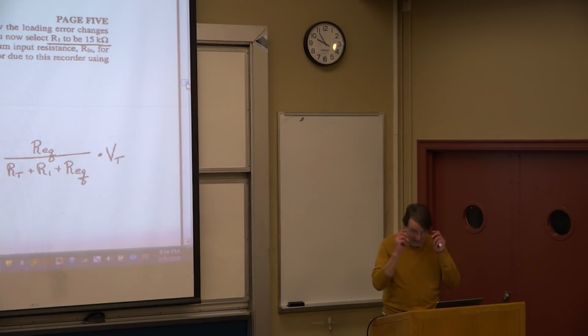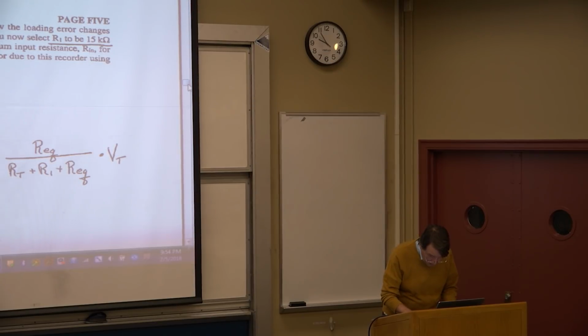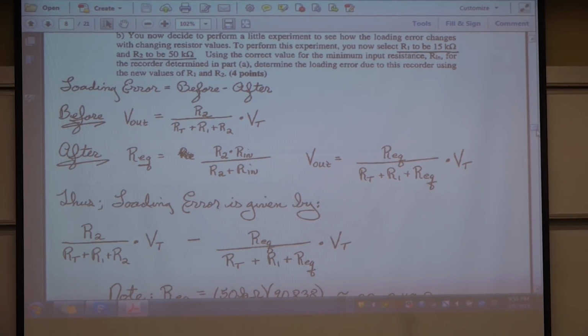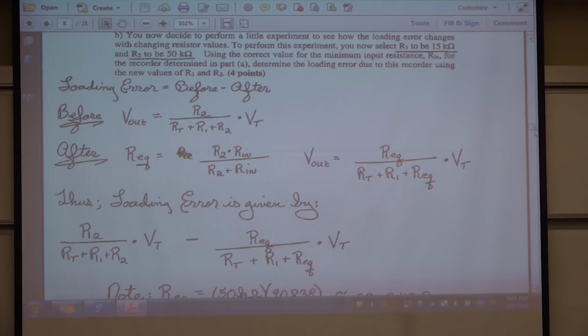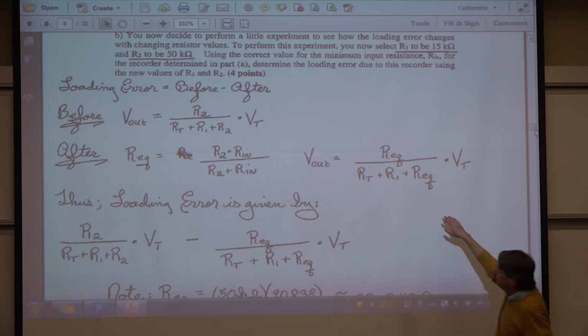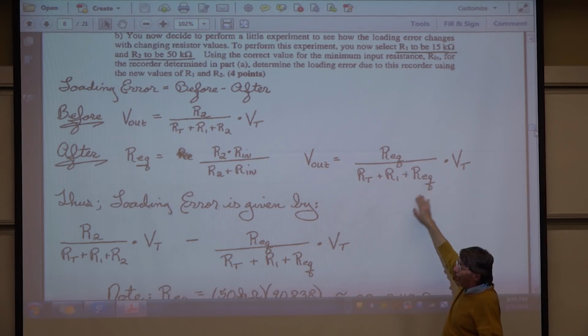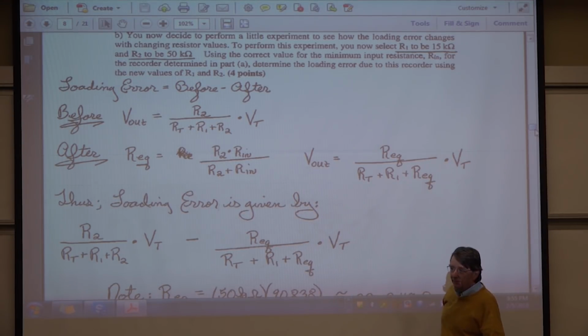Let's see. So the loading error before and after: before, we have Vout as listed here, which is R2 over RThevenin plus R1 plus R2 times VT. We get REQ, and then we get the Vout after. Similar to what we had before. The loading error is before minus after.